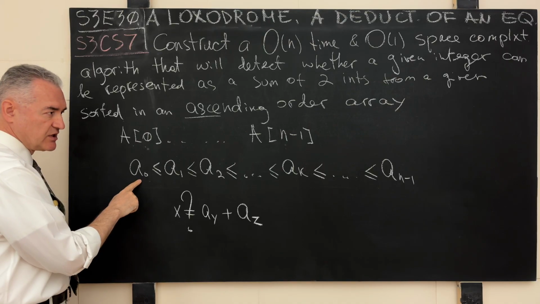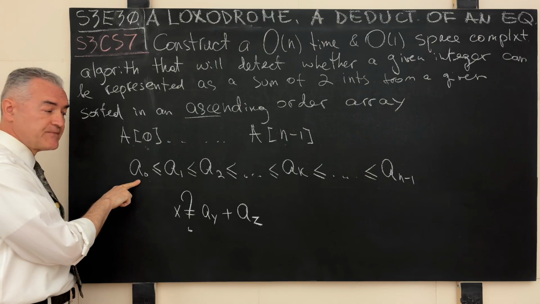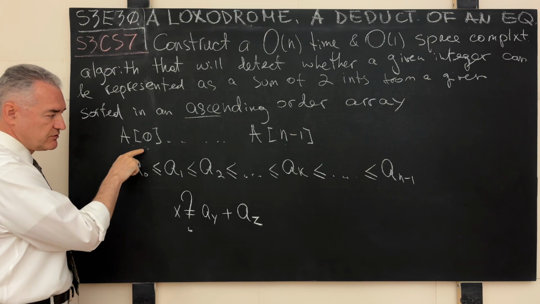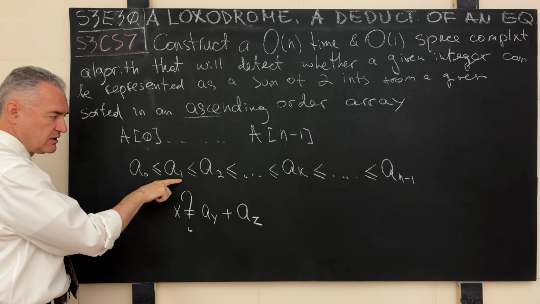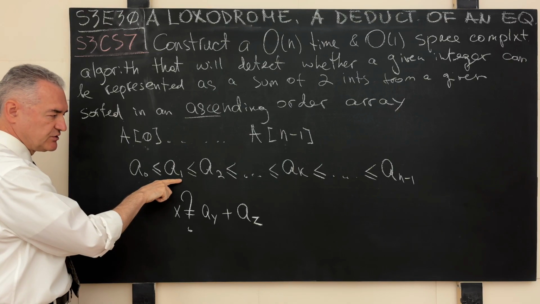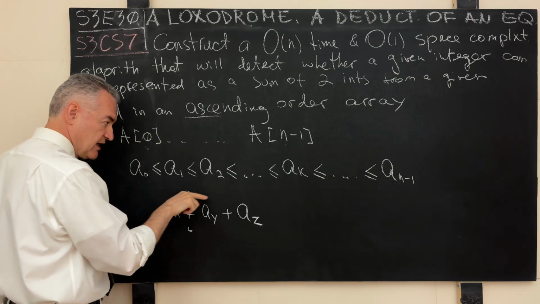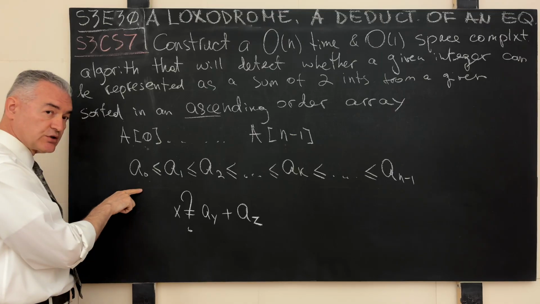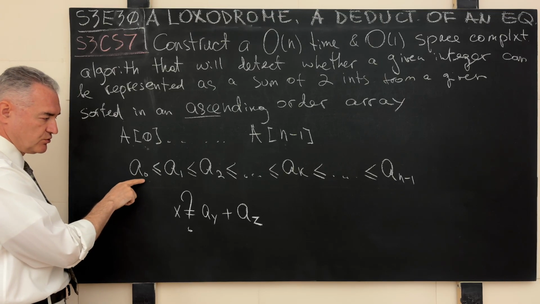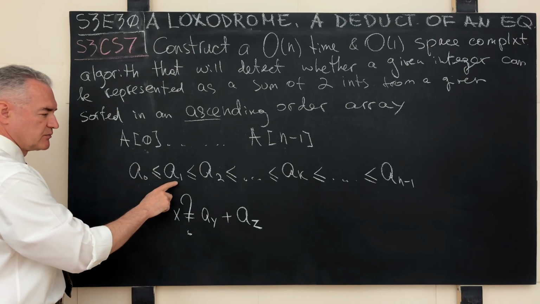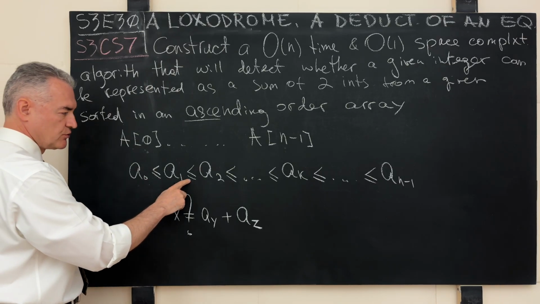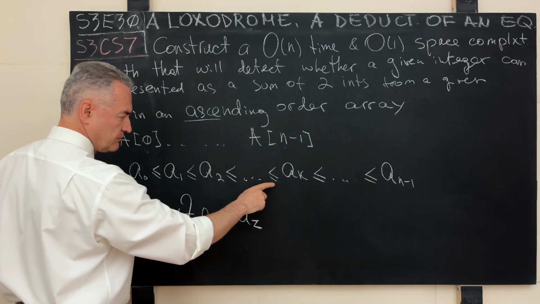That means that we have the following relation across all the elements in our array: the deeper we wade into the array, logically the next element is not smaller than the previous one. So that means that the element A0 is less than or equal to element A1, A1 is less than or equal to A2, and so on.